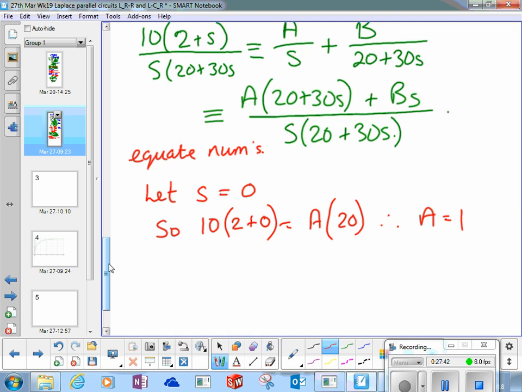If you can't see it, say this: let 20 plus 30s equal 0 and go through and work it out. That's 20 plus 30s equals 0.